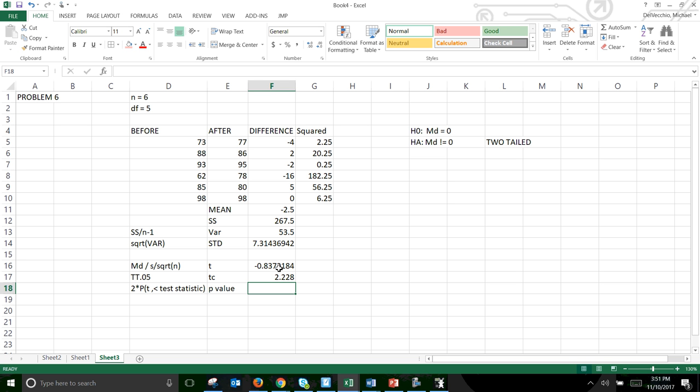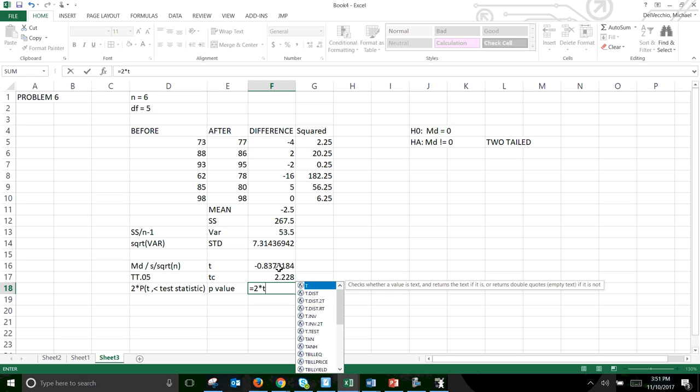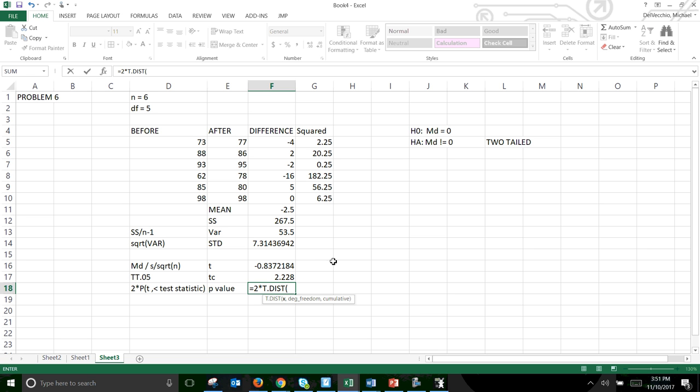And then the p-value is going to be equal to twice the t-distribution of negative 0.8372, and we have 5 degrees of freedom now, and cumulative will put true. Okay, so 0.4406.